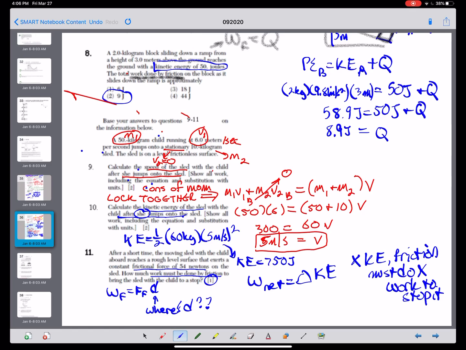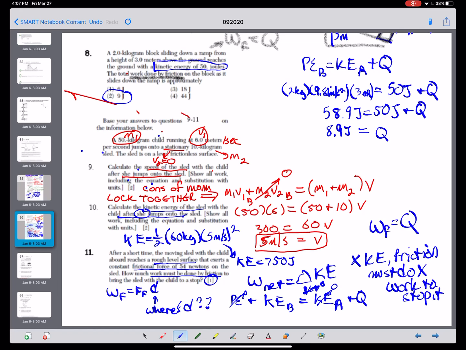Or remember how we said work done by friction is also Q? Essentially KE initial, or KE before, equals KE final, which is going to be zero since it stops, plus Q. Now, I left out the PE on both sides, because there is no PE change. The sled's on a horizontal, rough, level surface, so I would get them out. So it's just KE before equals KE after plus Q.